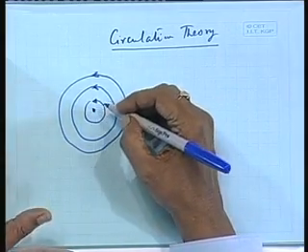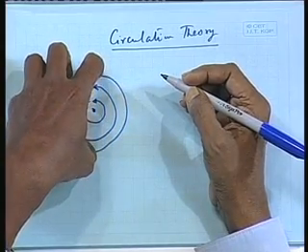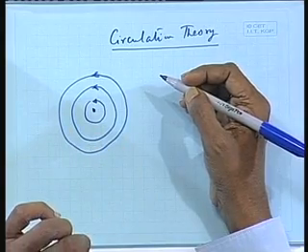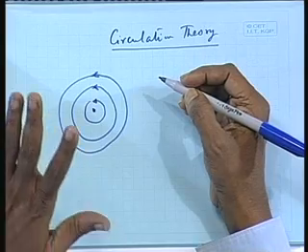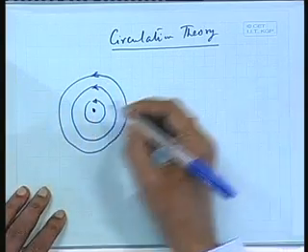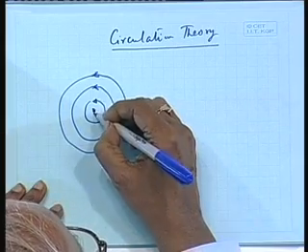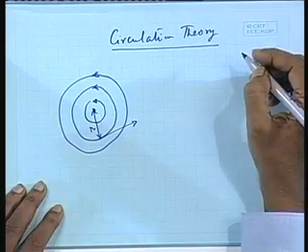The tangential velocity is inversely proportional to the radius, that is, the velocity will depend on this distance r. The farther we go away, the velocity will be less.